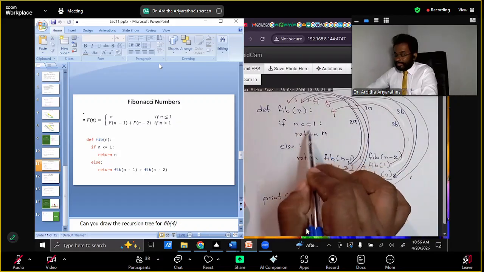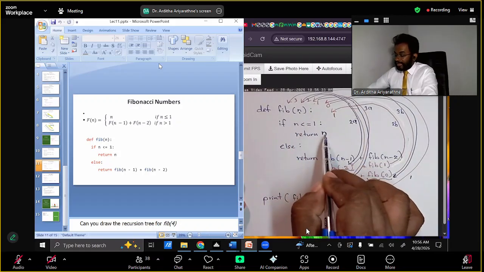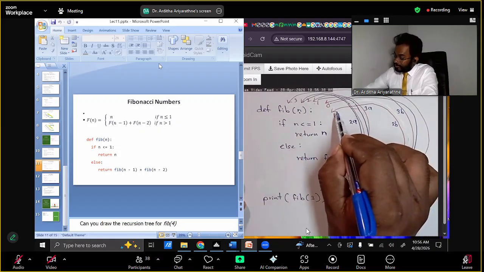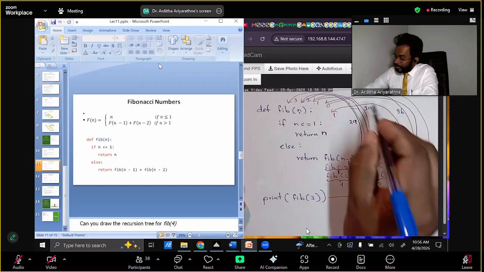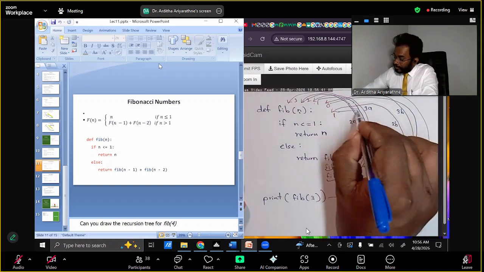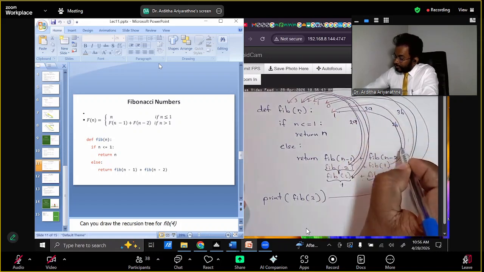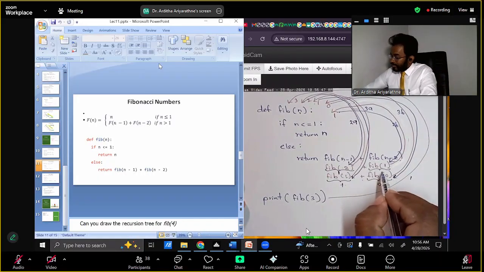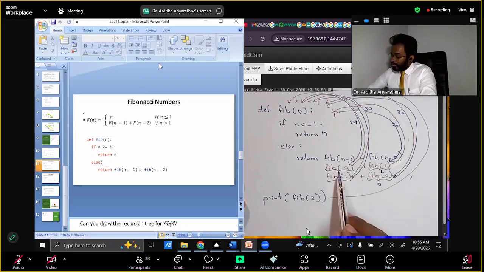It's equal to 1, which means the if condition is true, and we are returning n, the same value. We are returning with 1. Then we are getting this one as 1. Now 1 plus 1 is 2.